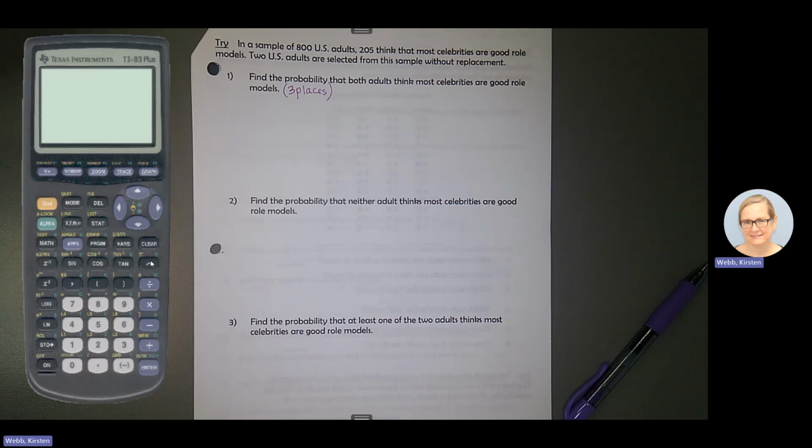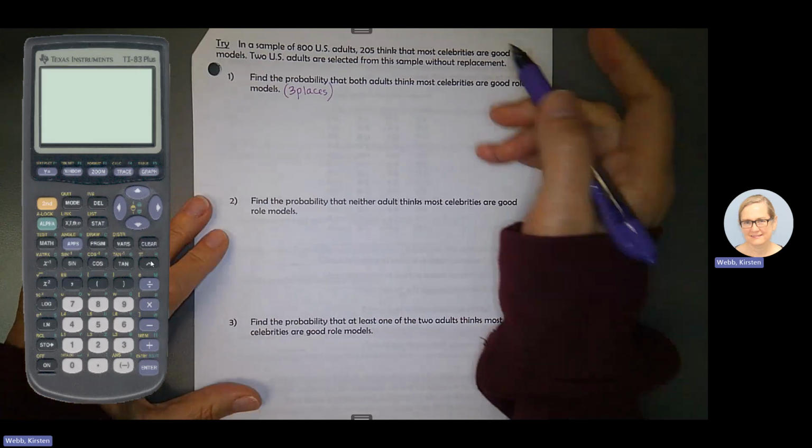A couple things are a little bit different about it. We don't have a percent this time. We've got some numbers to work with: 800 US adults, 205 think this way. With replacement, without replacement is also a little different, isn't it?